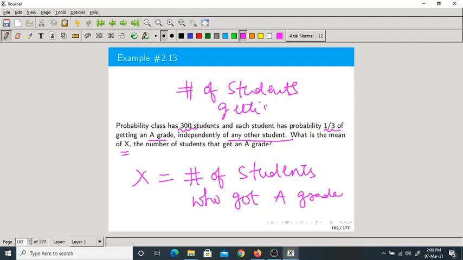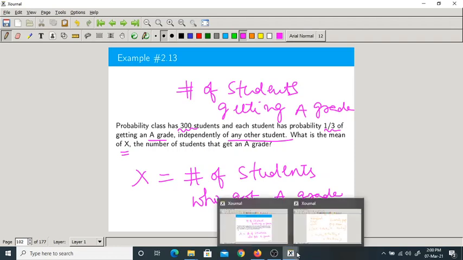How many of them will get A grade? Here the probability of getting A grade is 1/3, which means not getting A grade is obviously 2/3. Now let us proceed with the problem.